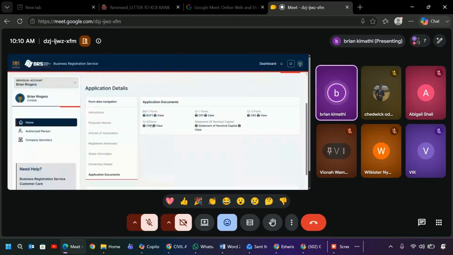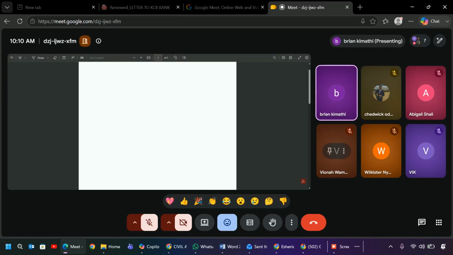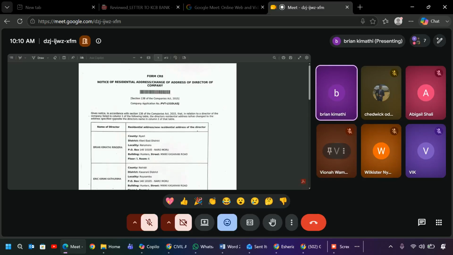Then we see CR8. This is pursuant to section 138 of the Companies Act. It's about addresses. The register of companies has to know the addresses of each director, residential or otherwise, or a business address. You have to give an address.